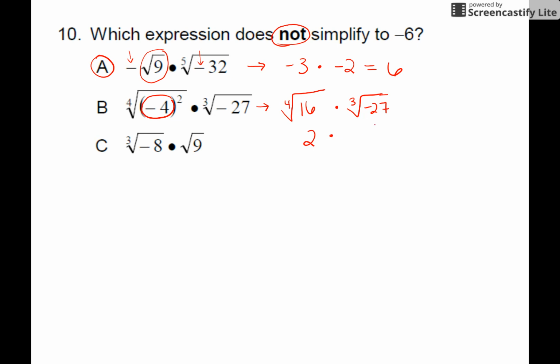And the cube root of 27 is 3. And again, since it's negative, I bring the negative, and that's how I get -6. So that one did match. The last one, again, simplifying, I have the cube root of 8, which is 2, and keep the negative. Then the square root of 9 is 3. Multiply those together, I get -6. So the only one that didn't work was A.